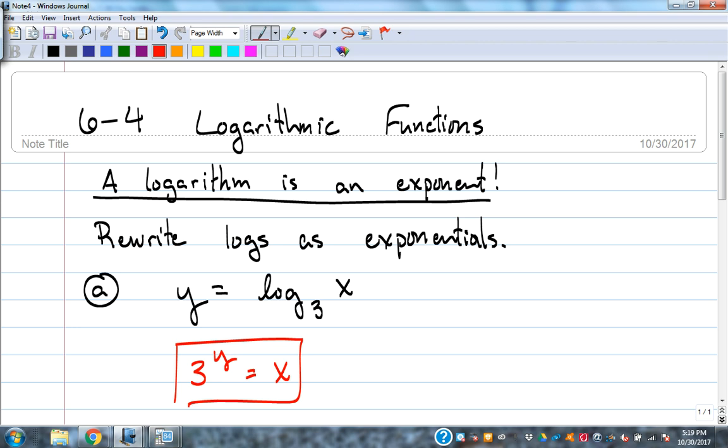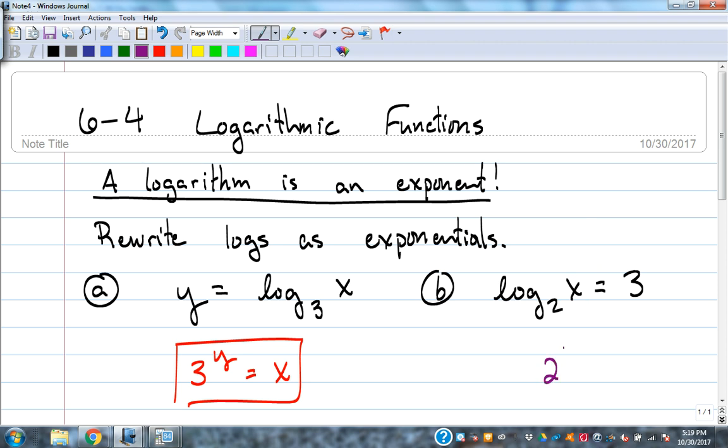Whatever the base is, is the base for the exponential. Whatever the log is equal to is the exponent. And then whatever's inside of that log, that's what your exponential is equal to. Log base 2 of x equals 3. Well, what's the base? 2.